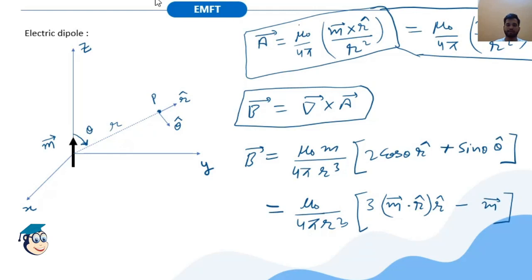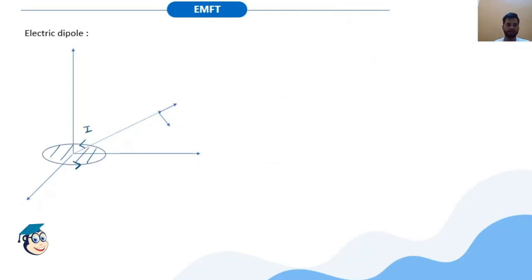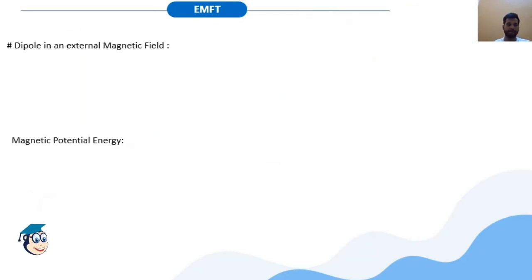This is the expression of the magnetic field due to a magnetic dipole moment at a distance r in coordinate free notation.